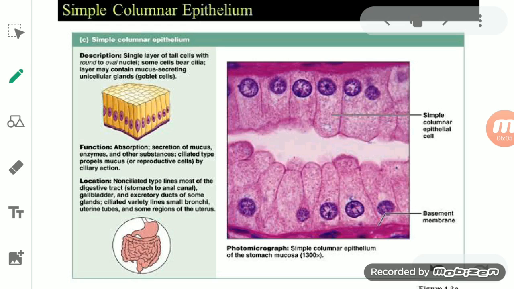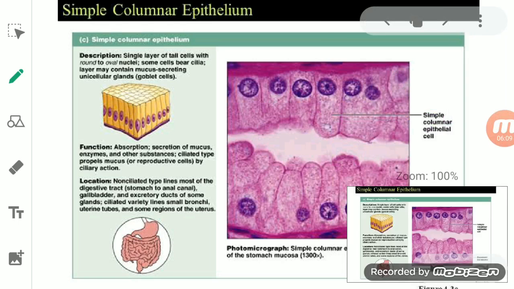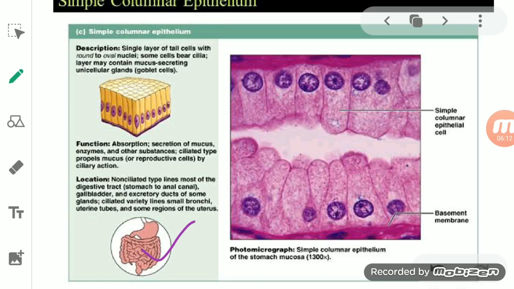So the first one is that it is present in the intestinal tract, where the absorption process occurs. As well as it is also present in the nephron, in the tubule which we call the proximal convoluted tubule, PCT.